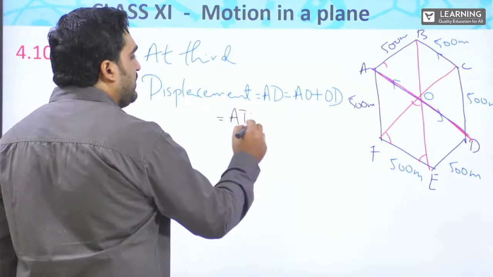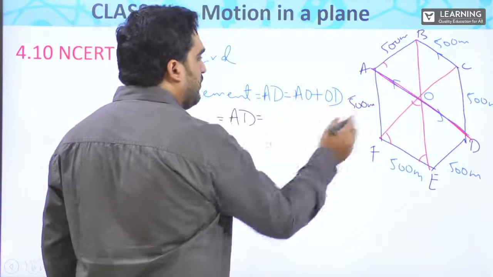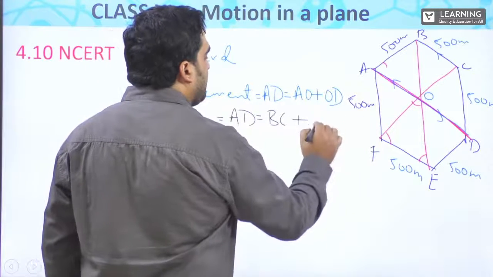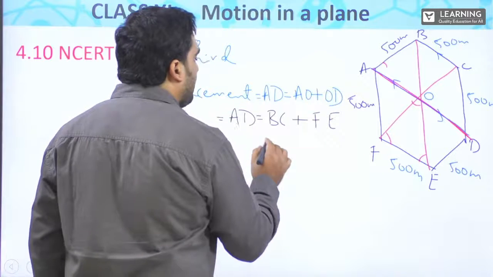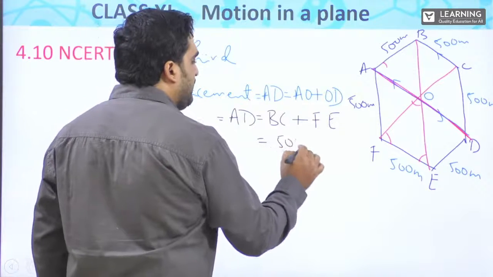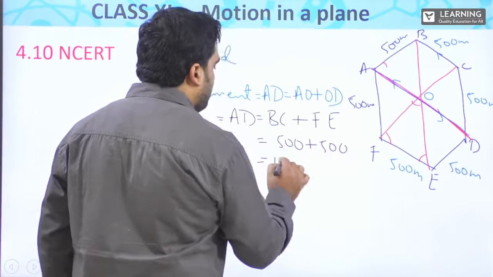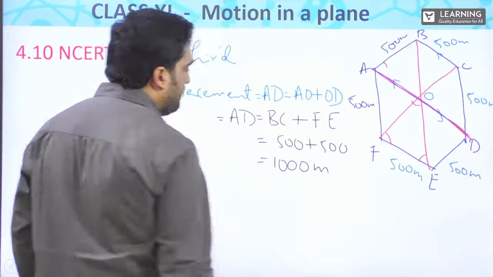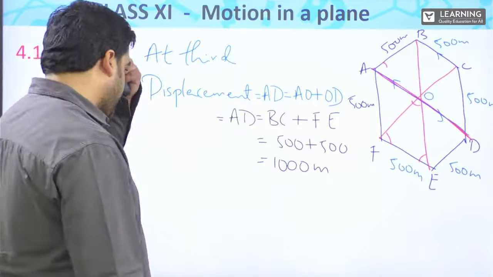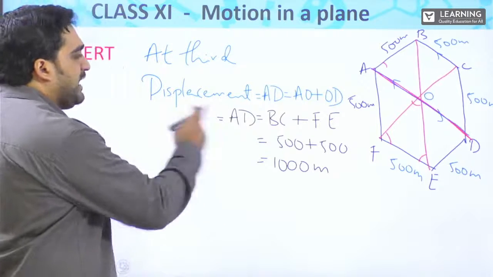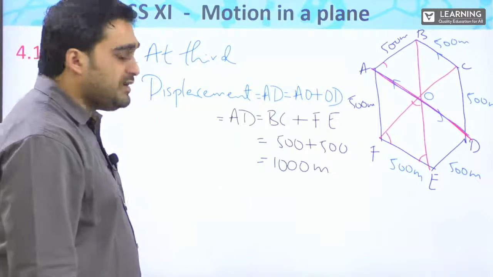So AD is equal to AO length, which is BC length, plus OD length, which is FE length. BC is 500, FE is 500, so this is 1000 meters. So we have identified the displacement AD, whose length is 1000 meters.